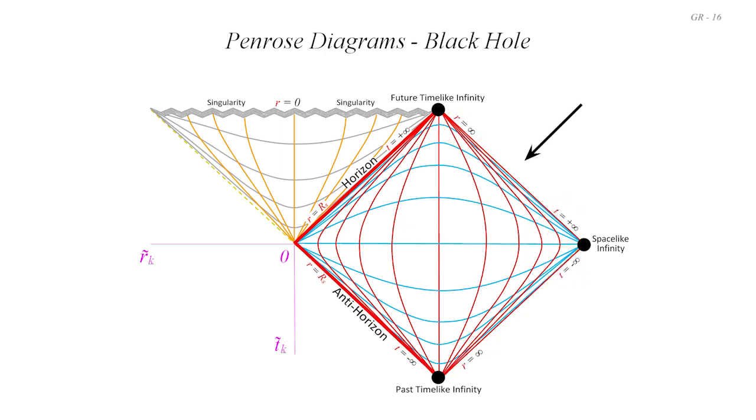The upper line is known as future null infinity, and the lower one is past null infinity, and you'll sometimes see them referred to as script I plus and script I minus, simply from the way the analysis was performed originally. This future null infinity line refers to r equals infinity at t equals plus infinity, and the past null infinity line is for r equals infinity at t equals minus infinity.